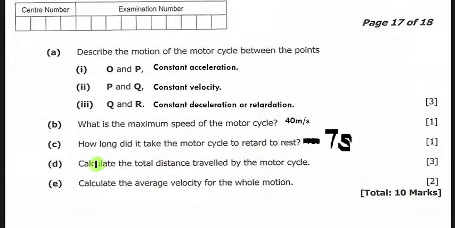Then they say calculate the total distance traveled by the motorcycle. All right, the total distance is the area under the curve. When you look at that curve, it is a trapezium because it has gone like this, like this, like this.